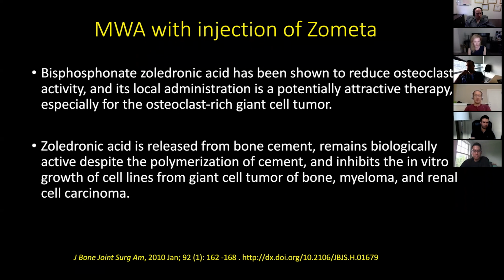That got me intrigued because it's an osteoclastic inhibitor, and this is a GCT after all. If you can decrease the osteoclastic activity, maybe I could get a little bit of bone formation that could help me put some cement in there.